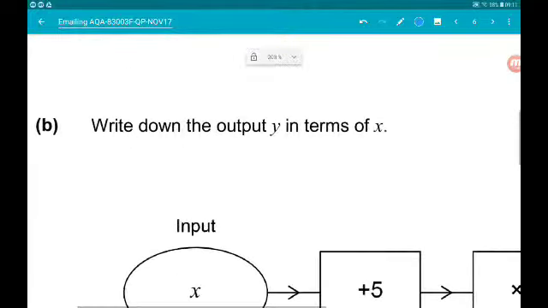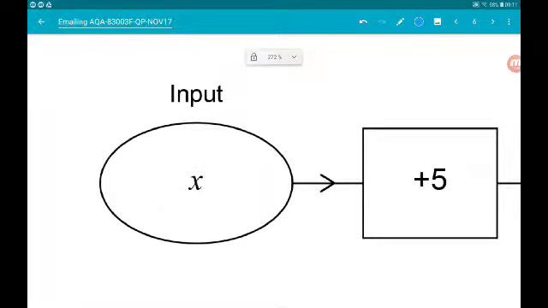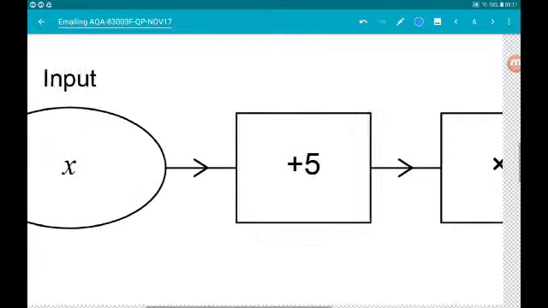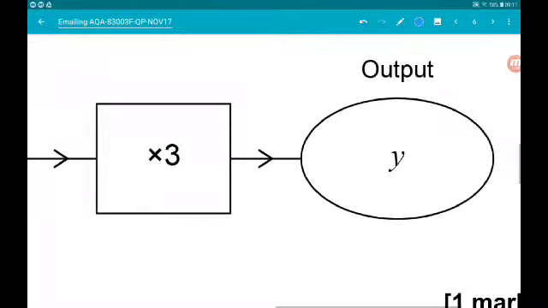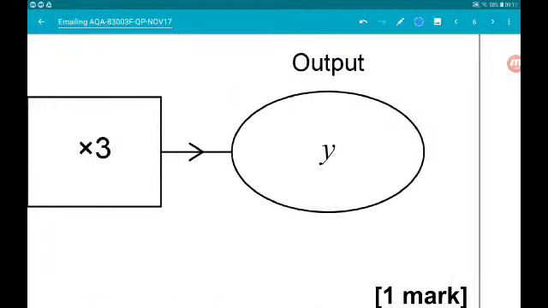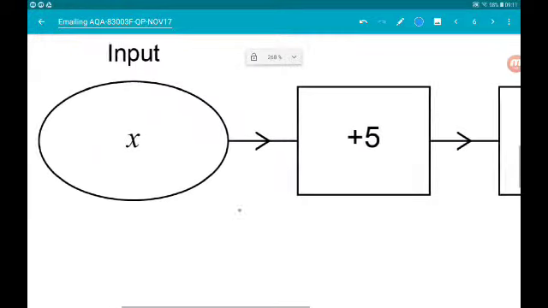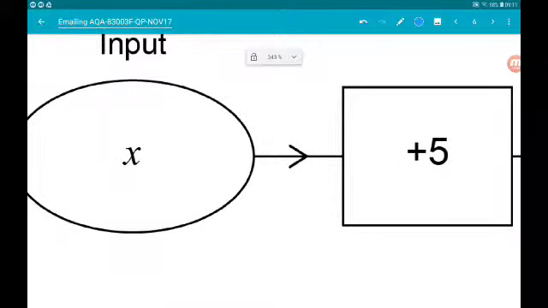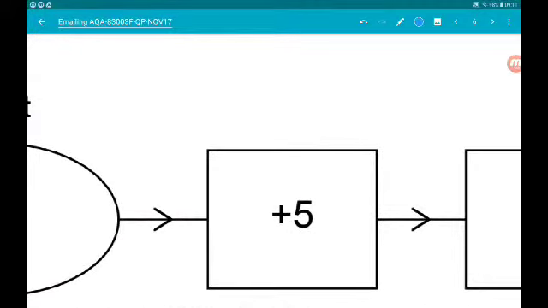Part B wants us to write down the output y in terms of x. So our input is x, we are adding 5, we are then multiplying by 3, and that gives us y. So let's take x through this. So we start with x, we add 5, so that's x add 5.